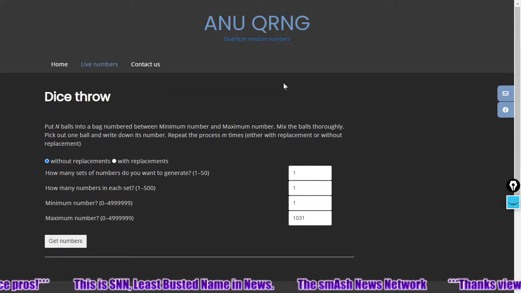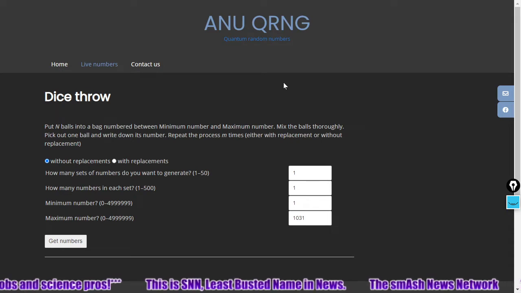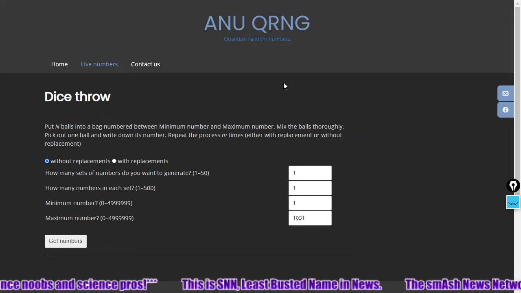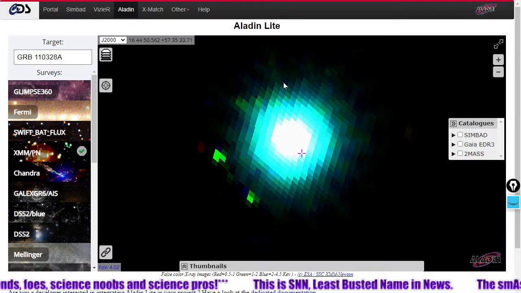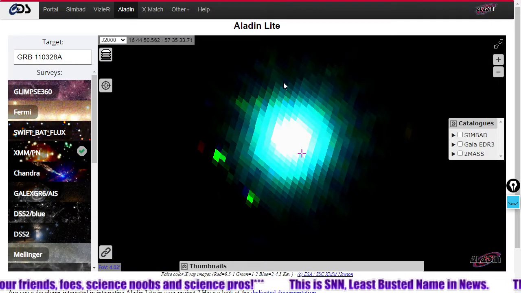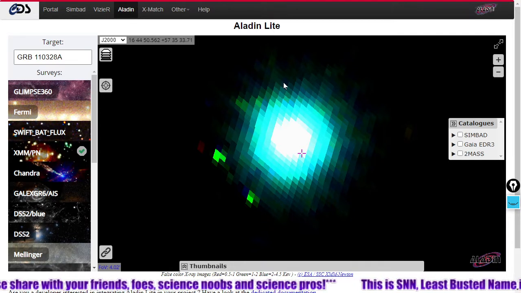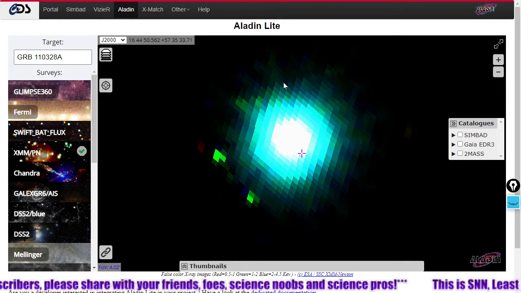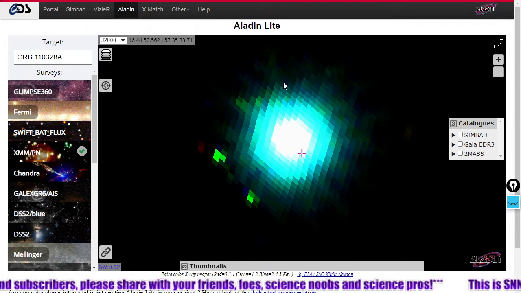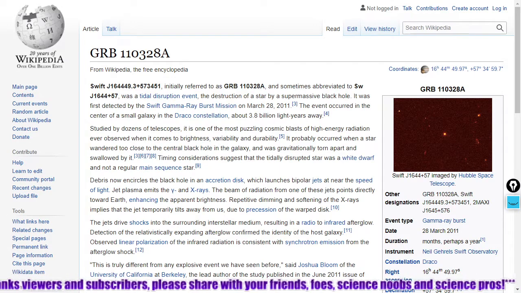Now, yesterday, we talked about a supermassive radio source. Some would call it a black hole. I've been referring to "black holes" as supermassive radio sources since the mid-90s. The one we looked at yesterday, and you may remember this from our thumbnail, was gamma ray burster 110328A, which is also known as Swift J1644+5734.